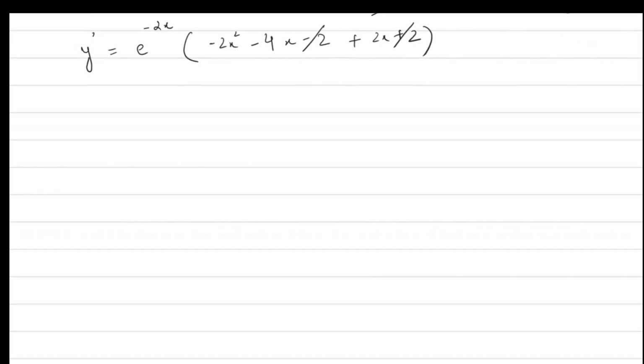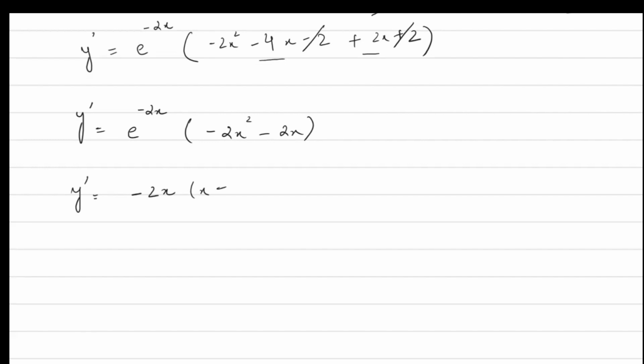So here we have now y dash is equal to e raised to the power minus 2x into minus 2x square and minus 4x plus 2x is equal to minus 2x. y dash is equal to, minus 2x can be taken as common.